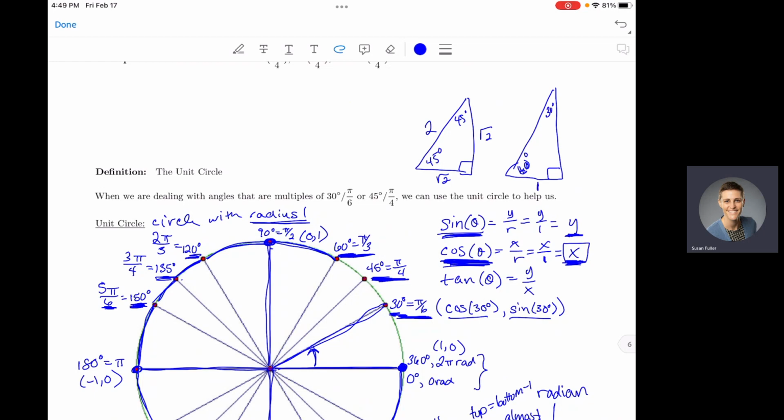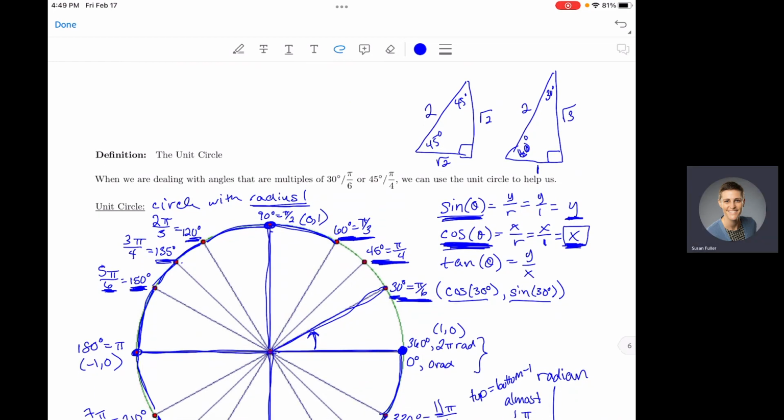And this is 1, 2, square root of 3. So if I look at my triangles here, the cosine of 30 degrees, I'm going to look at this angle here, the cosine of 30 degrees is going to be adjacent over hypotenuse, square root of 3 over 2. So I'm going to replace this with the square root of 3 over 2. That is the x coordinate here at 30 degrees.